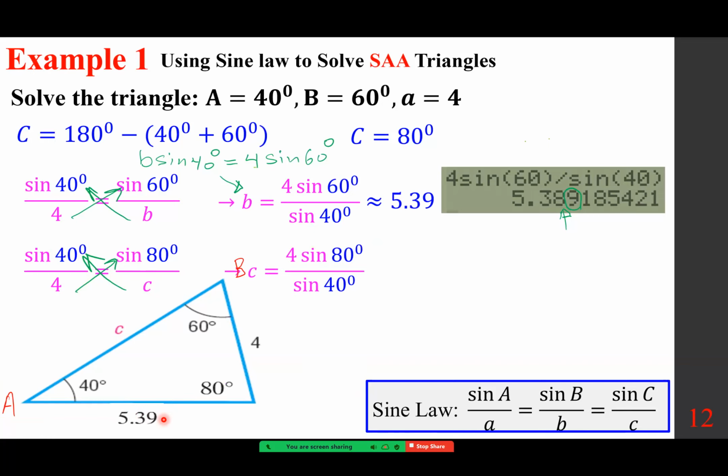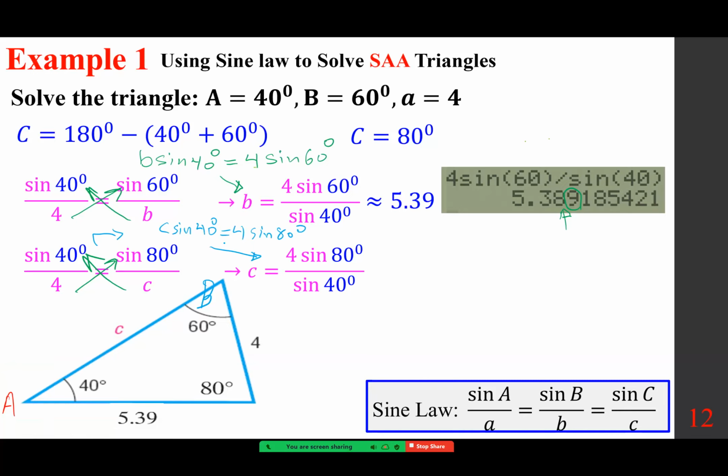And what I want to do, first of all, I want to write this is B. Secondly, from here, I can write C sine 40 is 4 sine 80. When we divide by sine 40, we get that.